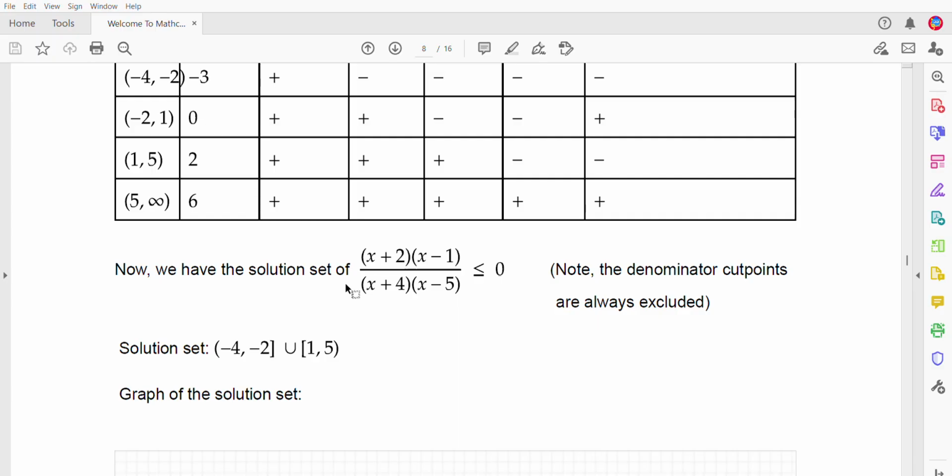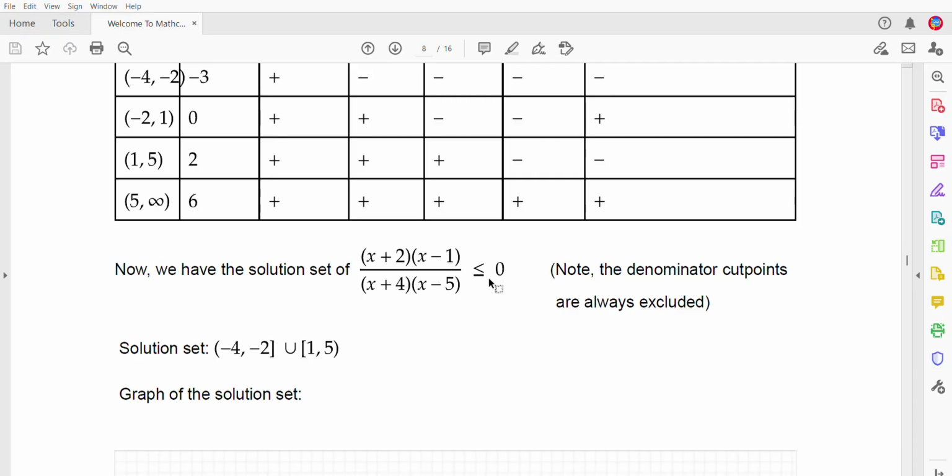If I plug in 5, it will make the denominator 0. So denominator cut points are always excluded. Whether I am less than or equal, greater than or equal, less than, greater than, zeros of the denominator are always excluded. Zeros of the numerator are included if there is an equality, if there is an equal symbol.